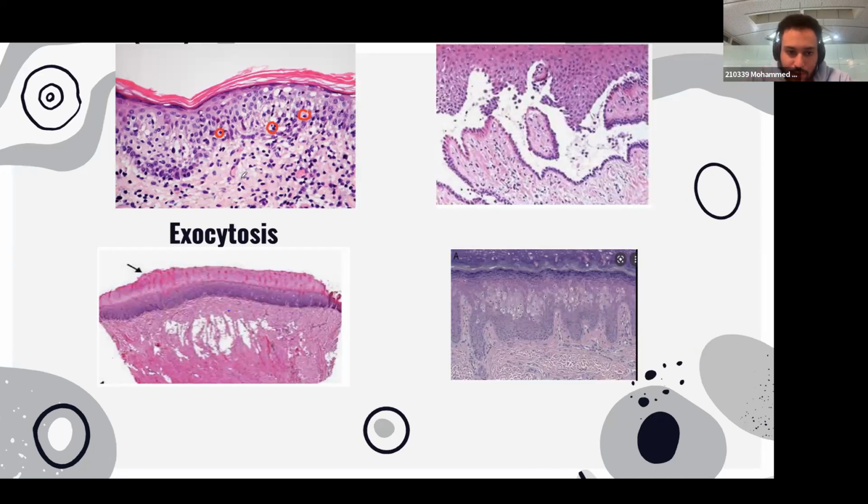You can see some of it coming from here, going up, and you can see this is a blood vessel, right? Around the blood vessel is a bunch of these lymphocytes. So this is exocytosis, going from the dermis to the epidermis.